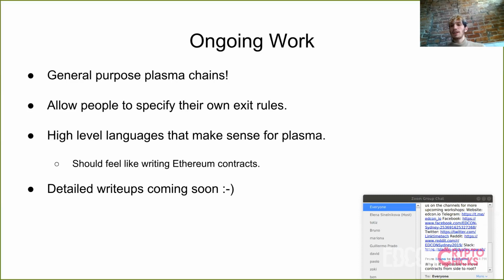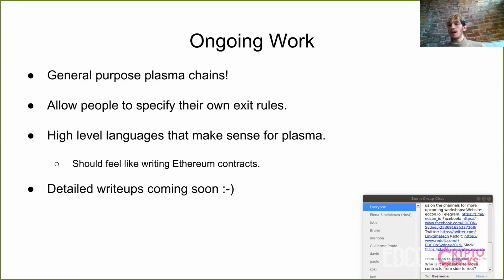Basically, we've been working on general purpose plasma chains, which means that users get to custom specify the rules on that plasma chain. The plasma chain itself becomes a very basic, simple shell, and other people can then build additional logic on top of it, which means that if you wanted to change things later on, you don't actually need to change the plasma chain.